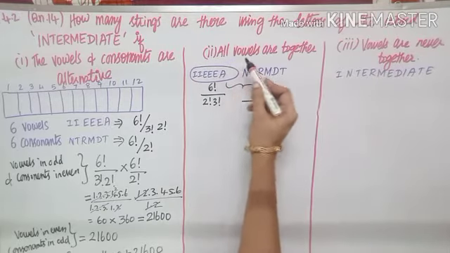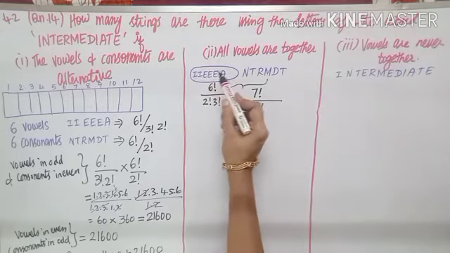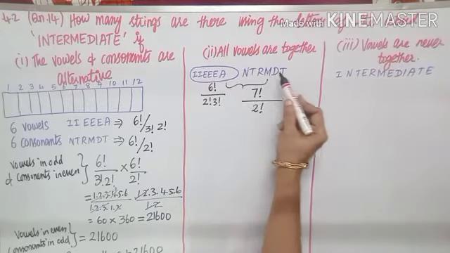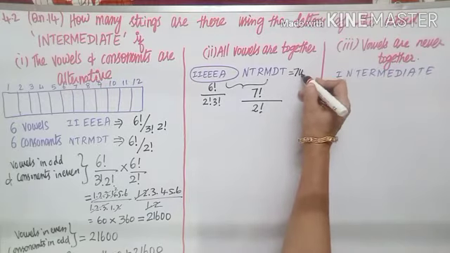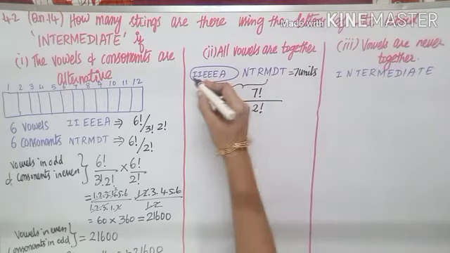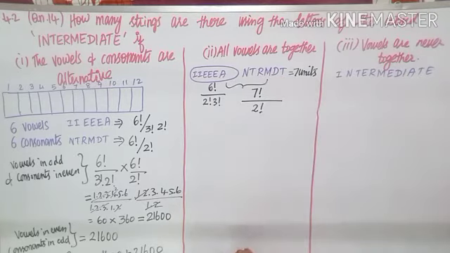This together can come here or here or here, anywhere. So count this as 1 unit and this as 6 units. Together there are 7 units. In the 7 units, these 2 are repeated. So 7 factorial by 2.